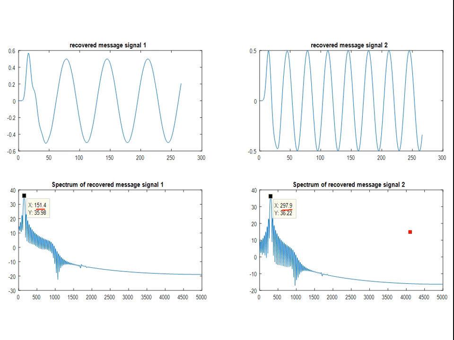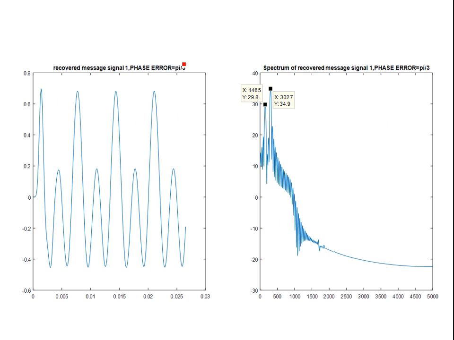So let's see what happens if we have an error. Let's say we have a phase error of pi over 3. What it means is that we have the carrier at the original frequency of 1000. The situation is like this: we have 2 pi 1000, and the carrier could be sine or cosine, it doesn't matter.